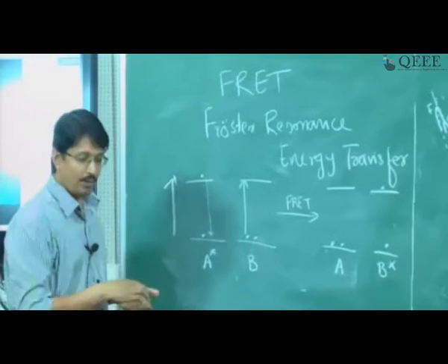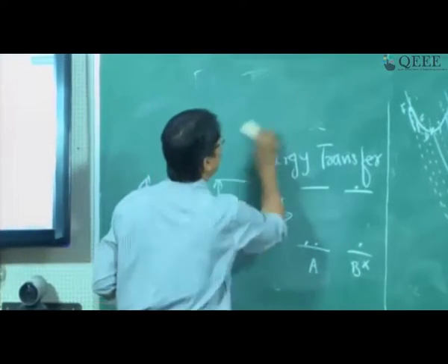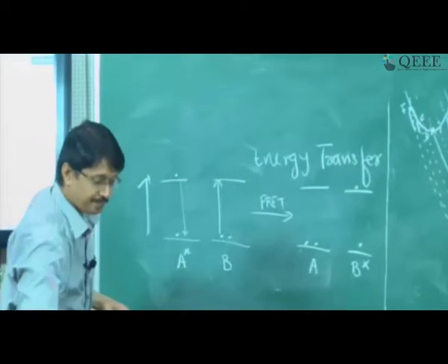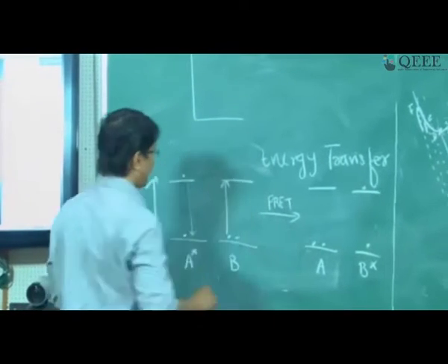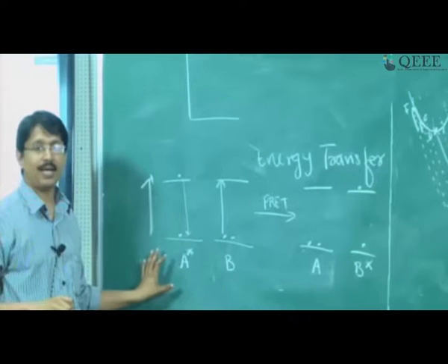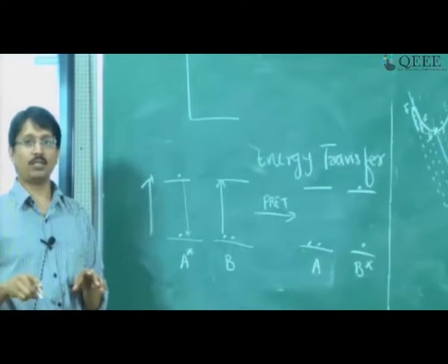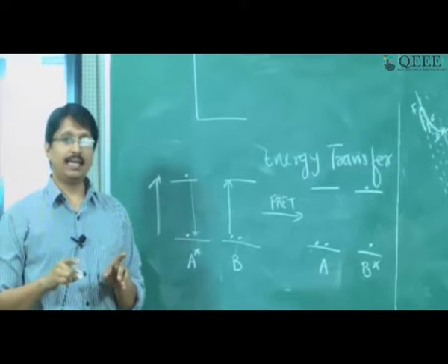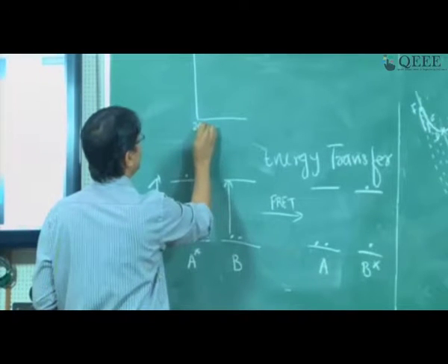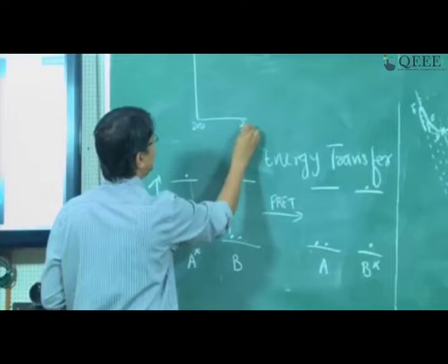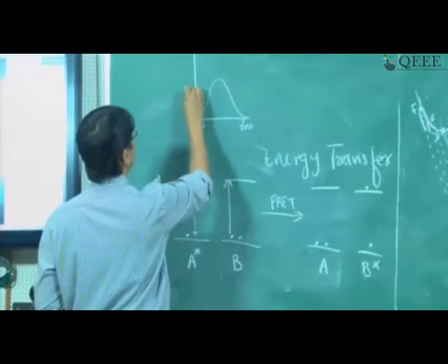Now I want you to check whether you understand the mechanism of FRET. For that, what I want you to do is plot a graph. I will show you the features of absorbance and emissions of A and B separately. Then I will ask you to plot what will happen if I excite A in a mixture of A and B. For example, this 200 to say 300, this is the absorption spectrum of A. This is absorbance.